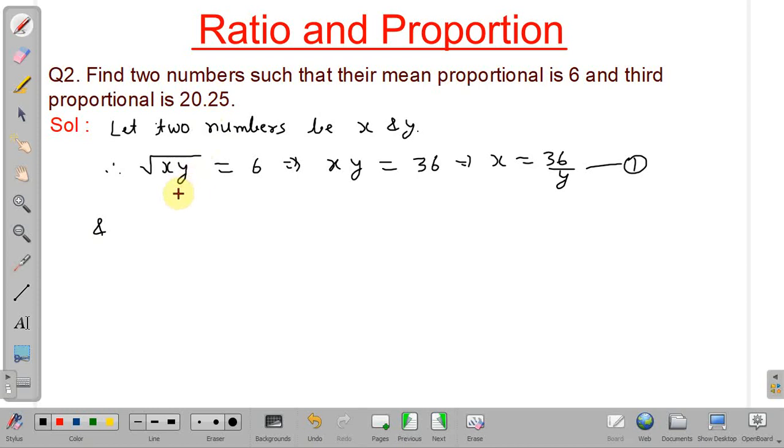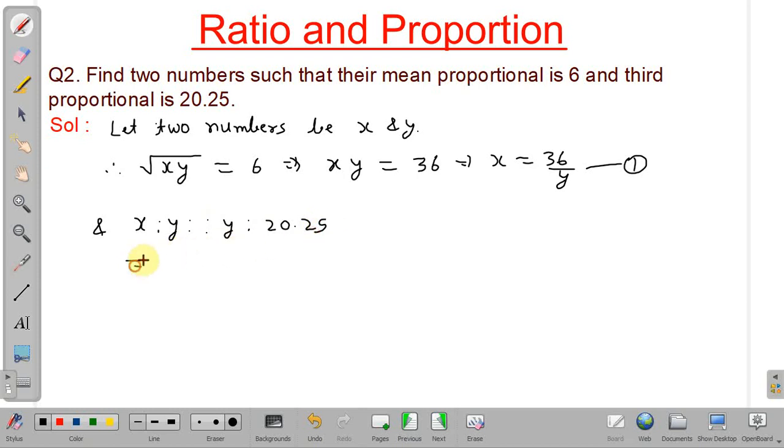The next information given is that the third proportional is 20.25. If x and y are two numbers and the third proportional is given, then x ratio y proportion symbol y ratio 20.25.